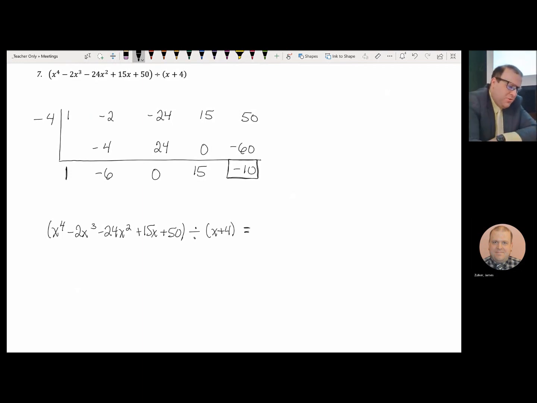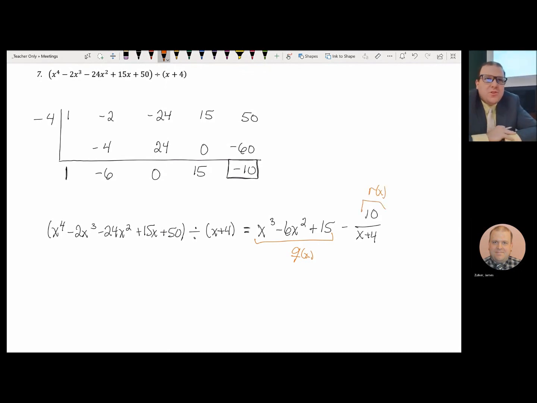So that operation equals x cubed minus 6x squared plus 15 minus 10 over x plus 4. That was Q. And that numerator was R. See?